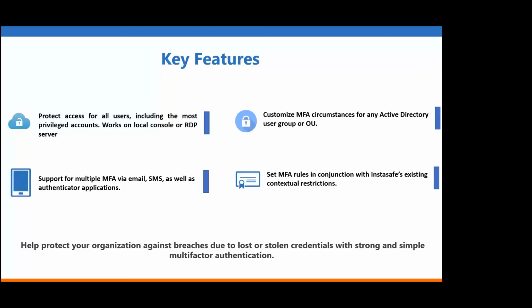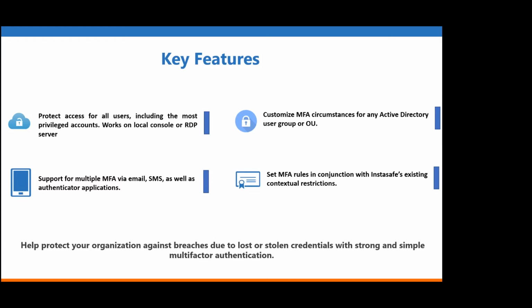ISA has provision to enable multi-factor for a wide range of accounts, including security for most privileged accounts. This additional layer of security can be enabled for local consoles as well as for devices that are accessed through RDP. The admin can provision MFA locally for individual users or via Active Directory for an entire user group.